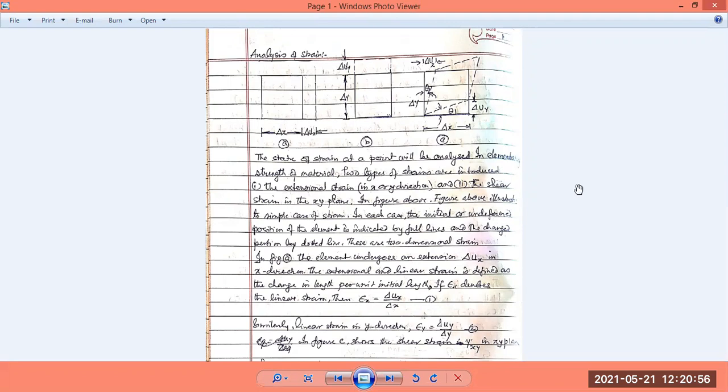In such cases, the initial undeformed position of the element is indicated by full lines, and the changed portion by dotted lines. So here these are the dotted lines, and these are the full lines, because it is the initial undeformed position of our object itself.